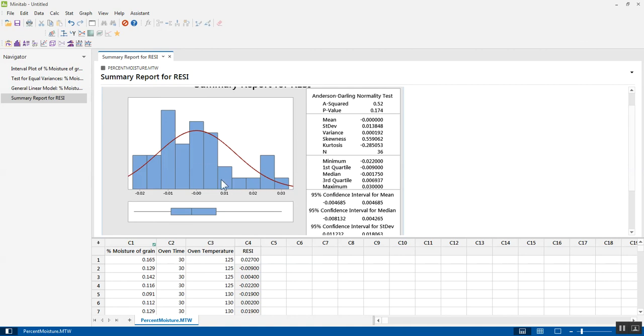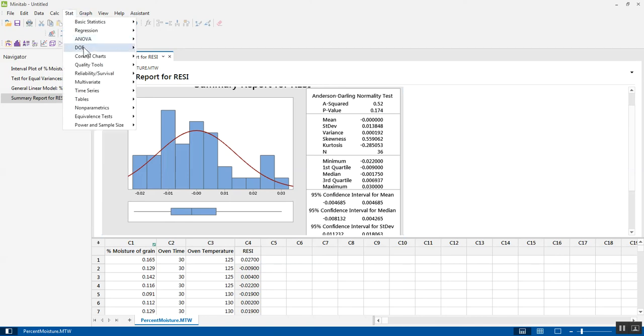There's a bit of a positive skew going on that we can see in this skewness value, but really, the null hypothesis is that the distribution of those residuals is not significantly different from the normal, and I'm failing to reject that null hypothesis. So we've got no obvious violation of the assumption of the analysis of variance.